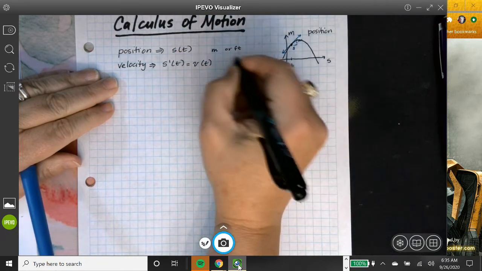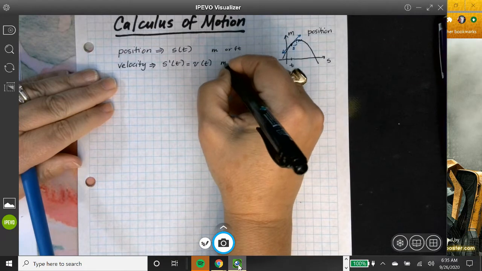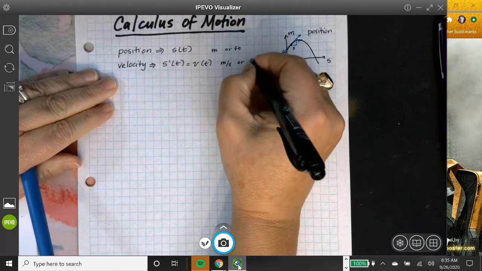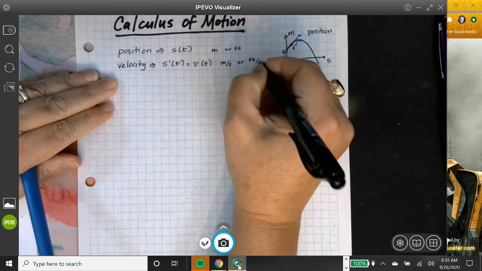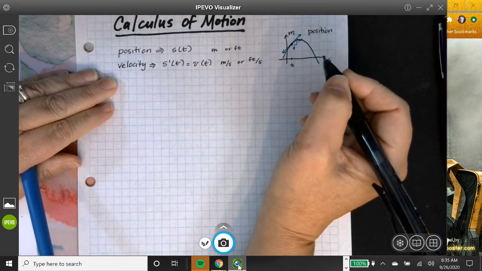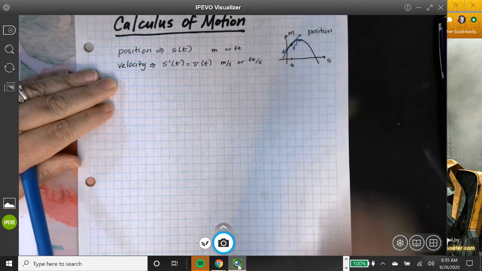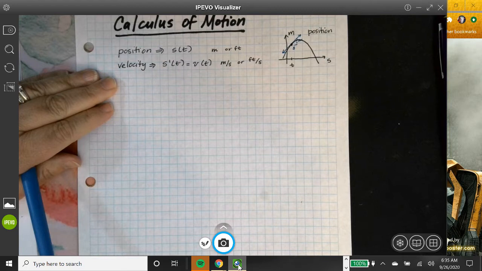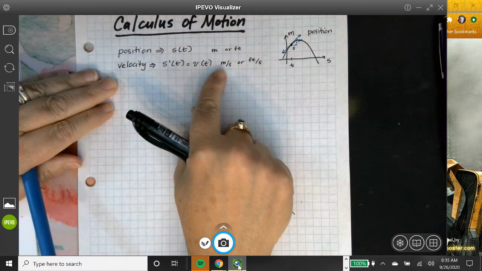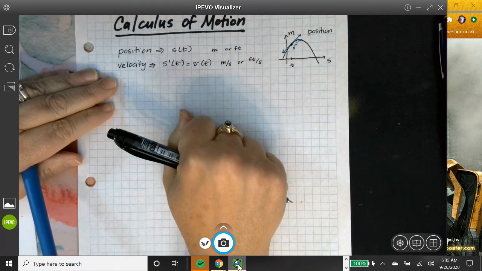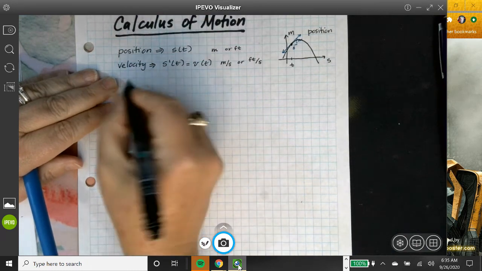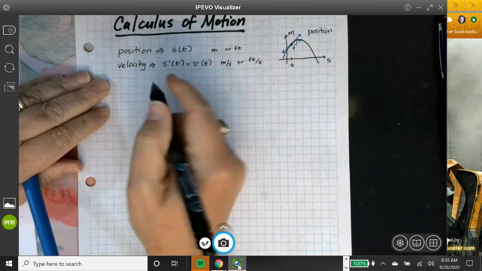And so velocity is the first derivative of position, and we'll denote it as v of t. And these units are typically meters per second, or feet per second, or inches per second, or gallons per minute, or whatever a rate of change would be over some unit in time for motion.